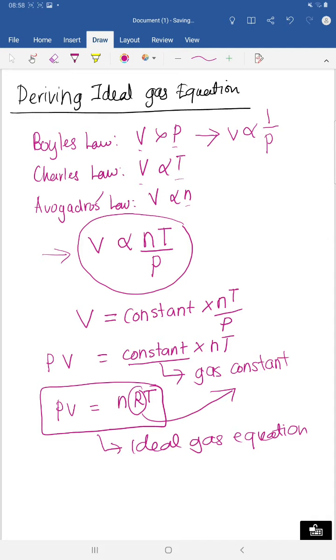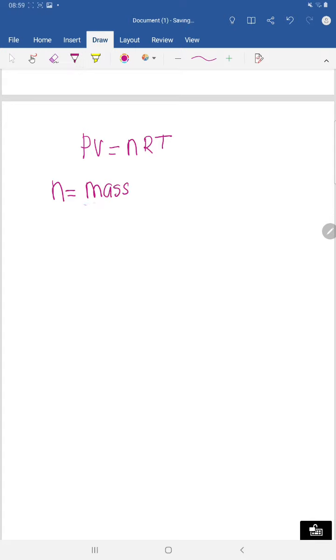So how are we going to determine the new formula? I rewrite my ideal gas equation, PV equals nRT. As we know, the number of mole n can be obtained from mass over molar mass.